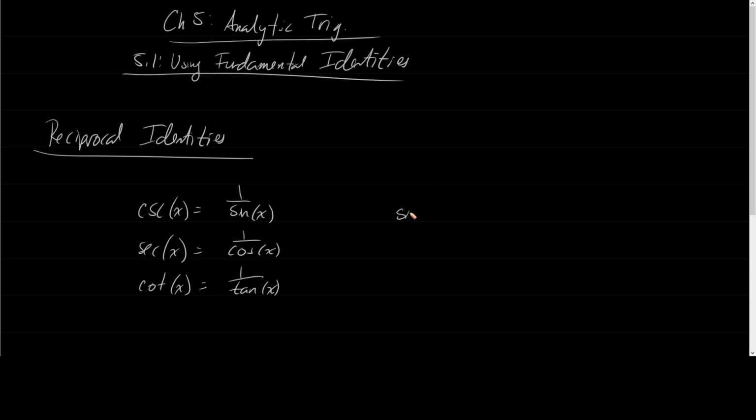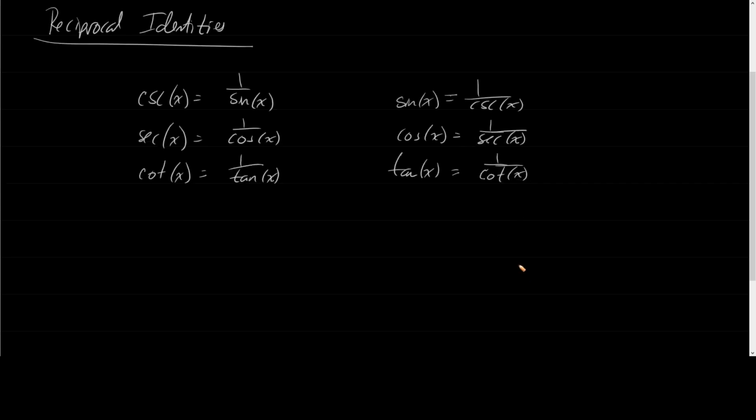Similarly, we can say that sine is the reciprocal of cosecant, cosine is the reciprocal of secant, and tangent is the reciprocal of cotangent. All right, so those are the reciprocal identities.